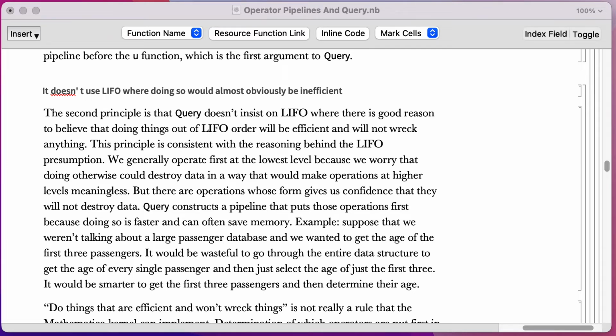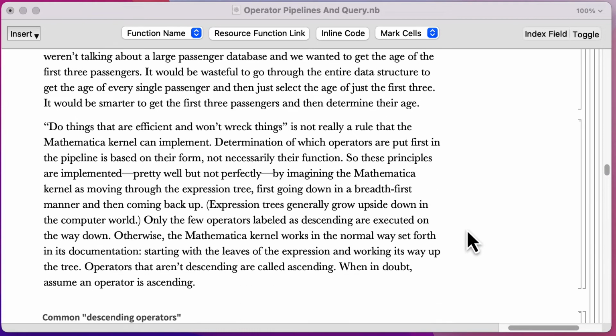You know, we could go through the entire data structure and extract out the ages of everybody and then just get the first 3 passengers' ages. But that would require a pass through all the data. Instead, it would be a lot more efficient if you just took the first 3 passengers and went through however many fields you have on them, 40, 50, or whatever, and pick out the age. So that's at least the concept that Mathematica wants to implement.